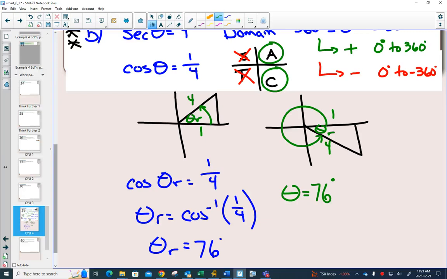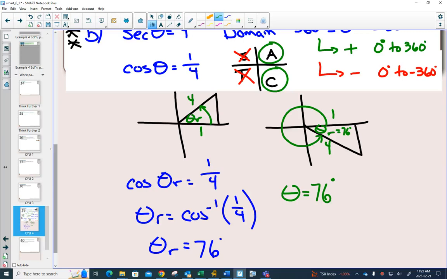But the positive one in quadrant 4, I have to figure out how big this is, but I know my reference angle is equal to 76 degrees. So thinking about this, well, all the way around is 360.